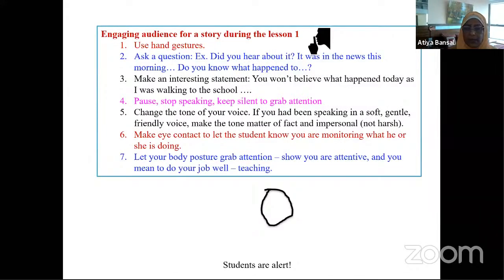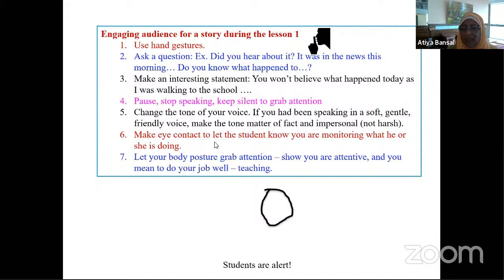Now it is really important for me to tell you this. But don't make your tone harsh. Just change it from soft, gentle to impersonal. Or if you are talking about data and your tone is very factual and impersonal, make it soft and gentle. Let them realize there is a change in your tone.